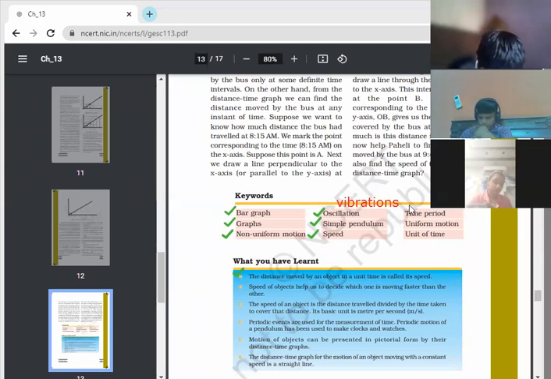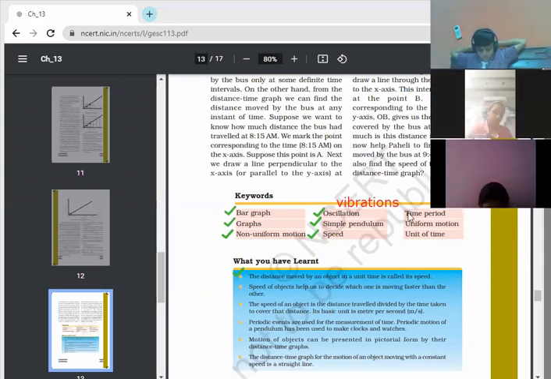Next is time period. All these words we are going to use. What do you mean by time period? Time taken by a pendulum. Okay, tell one by one.